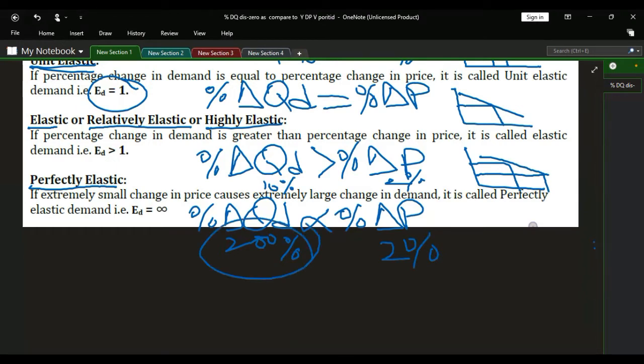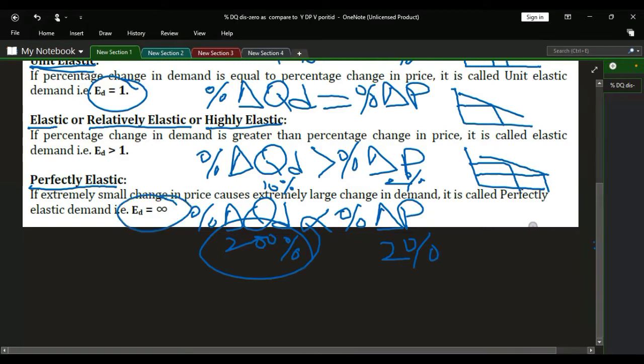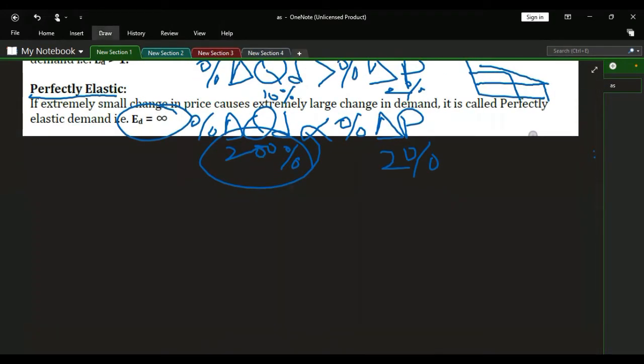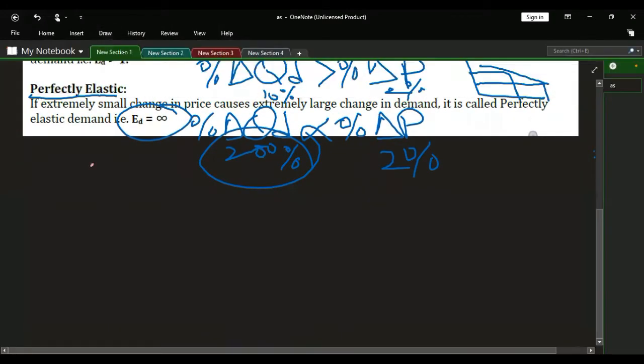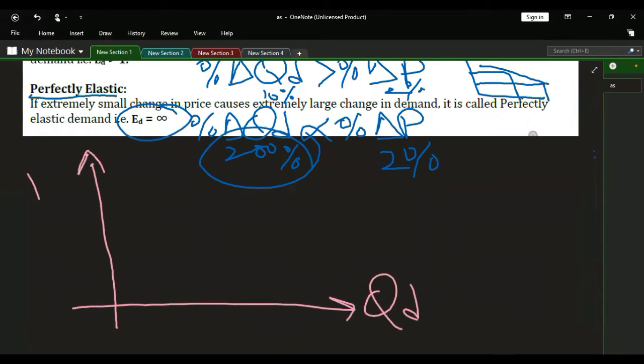So 200% is a very large difference. So it is represented as elasticity of demand is equal to infinity, and its curve is represented through a very simple diagram, that is a horizontal line. Means elasticity of demand is infinite. This is perfectly elastic.